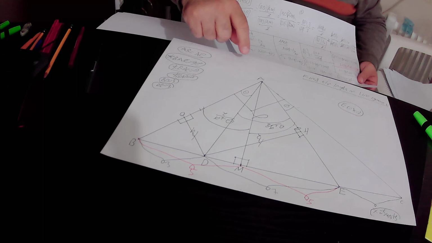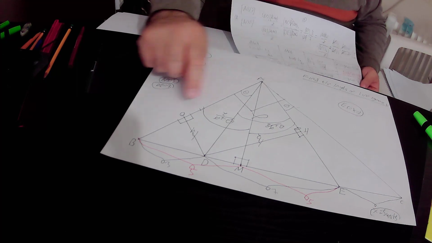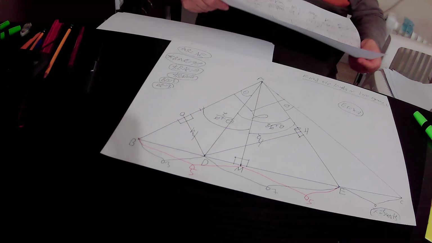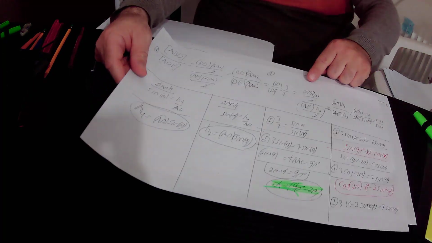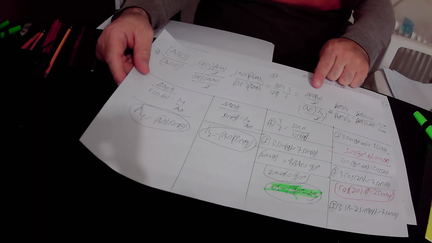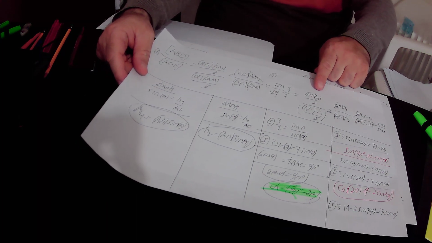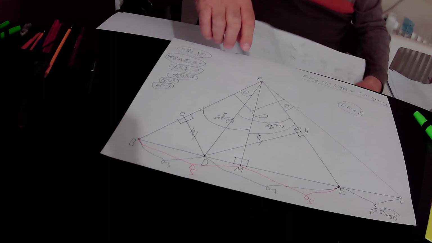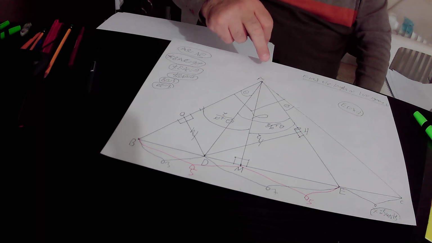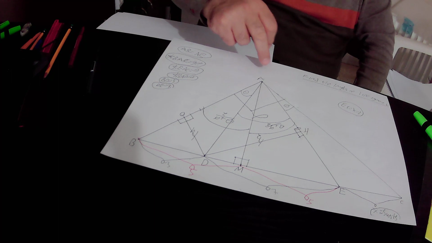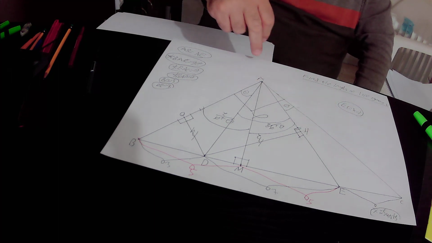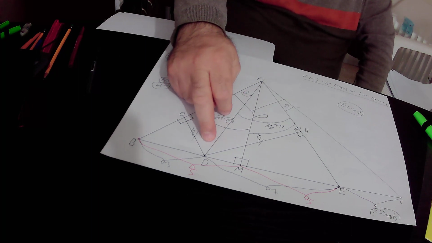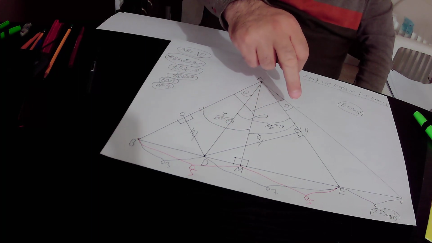So the area of triangle ABD will be equal to the base AB times the height to the base, that is H1, over 2. Likewise, we calculated the area of triangle ADE in a different way. We took the base as AE, and from point D we drew a perpendicular to the base AE.